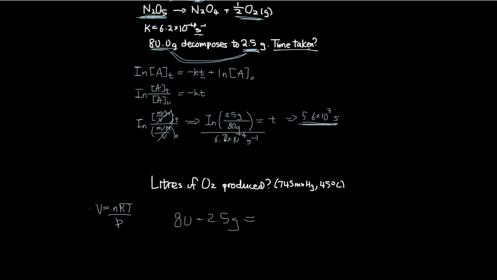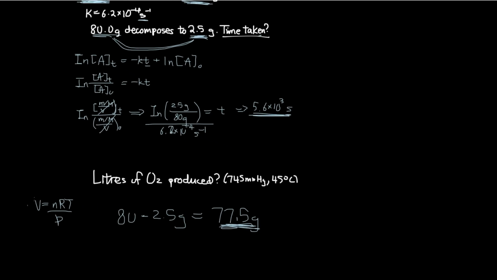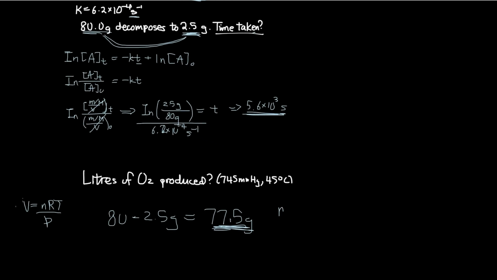Which is 77.5 grams. This is the mass that actually reacted to form the product. So this would be the mass that you would base your stoichiometry on. And then obviously we would convert it into moles. Mass divided by molar mass gets you moles.